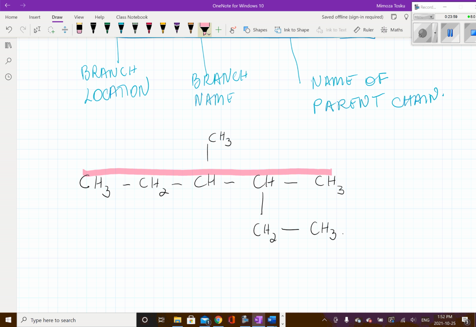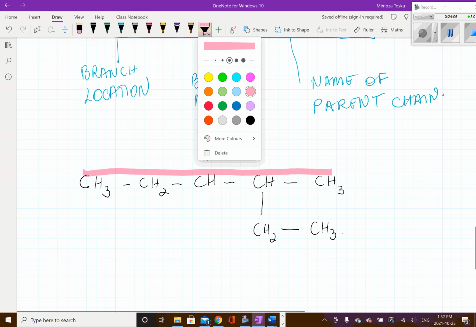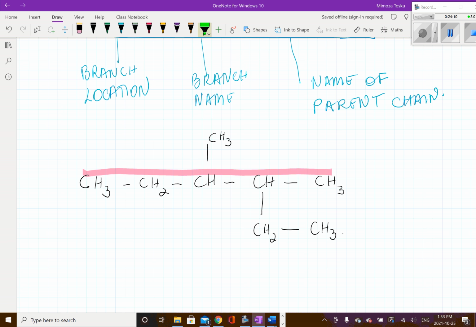Then we count 1, 2, 3, 4, 5. Now let's take a look at a different way of moving. I can move 1, 2, 3, 4, 5. Those two are the same.